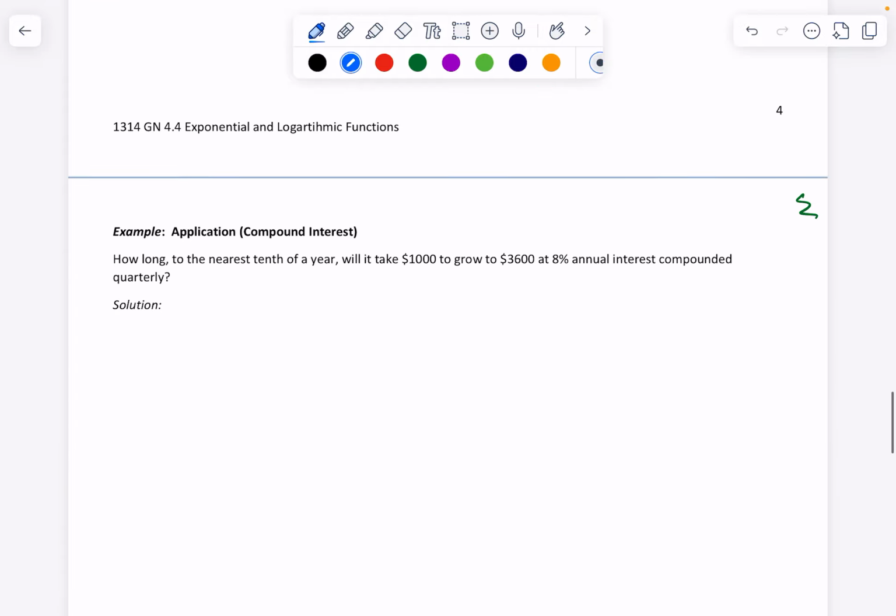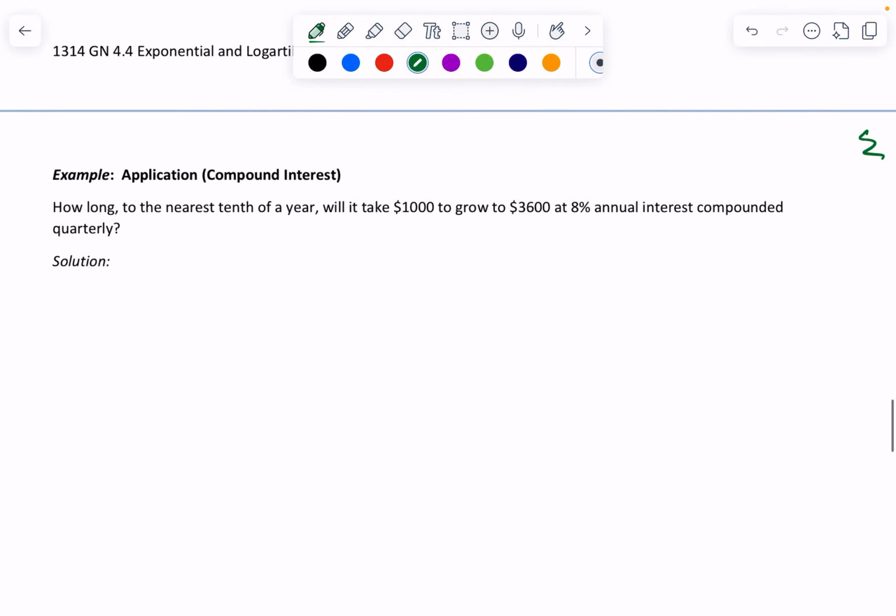Okay, next one, we're going to look at an actual example. How long, to the nearest tenth of a year, will it take $1,000 to grow to $3,600 at 8% annual interest compounded quarterly? So what do we know? The compound interest formula was given.